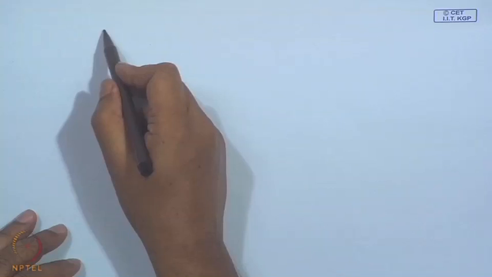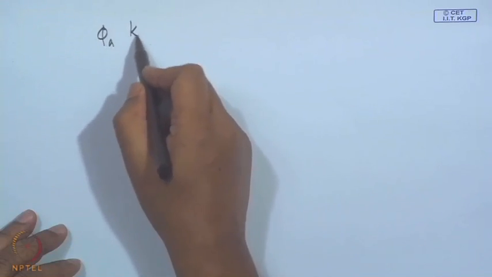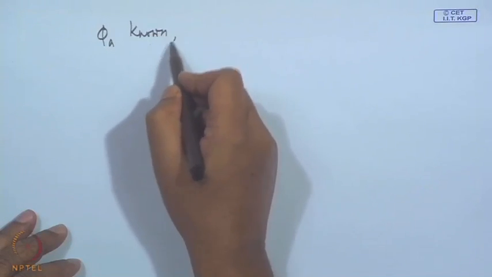Anyway, let us see. We have the axial flow solution, so we have phi a known.